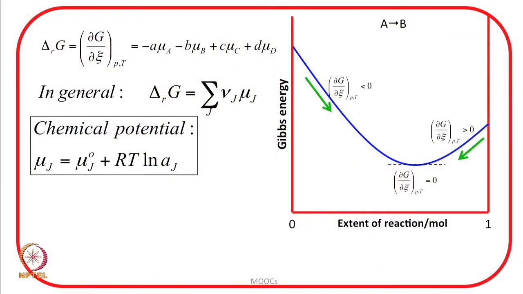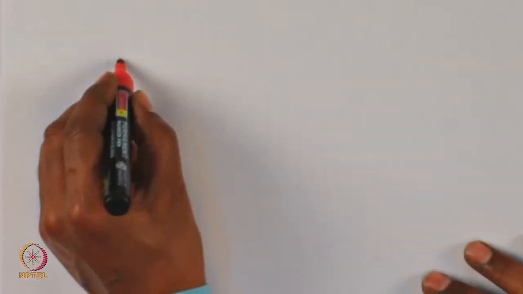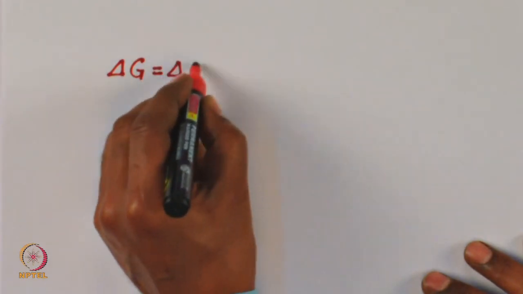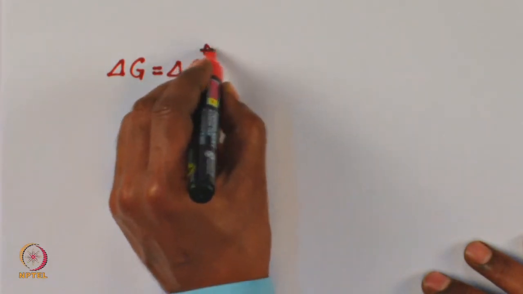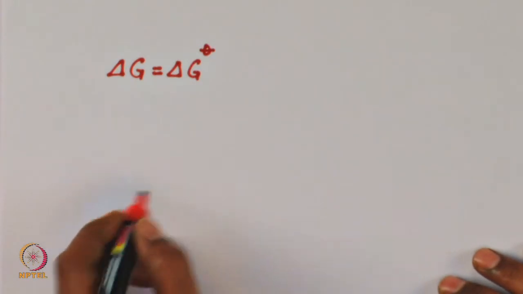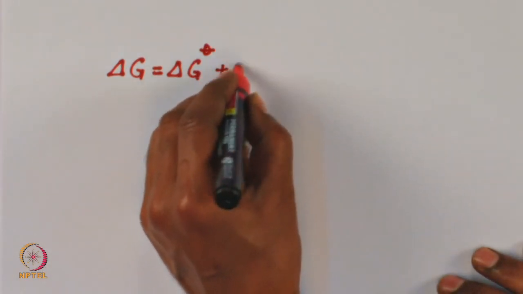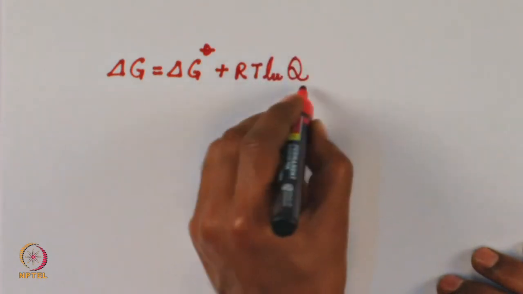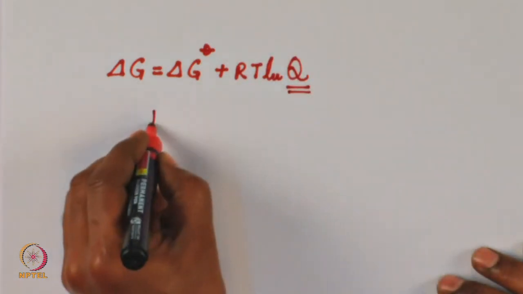So, this equation I am going to write as delta G is equal to delta G naught, which is the difference in the standard state chemical potentials, plus RT log Q. Q we will call the reaction quotient.